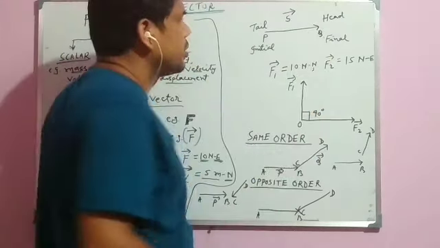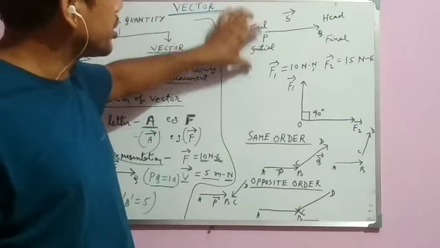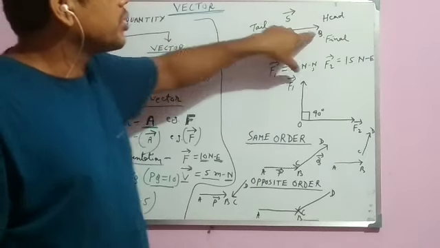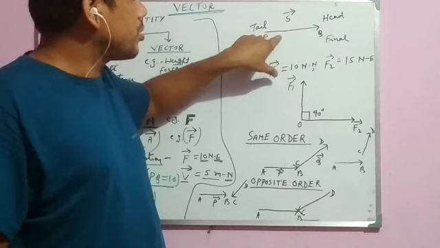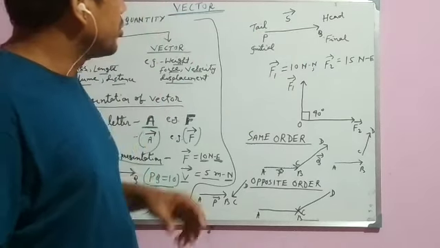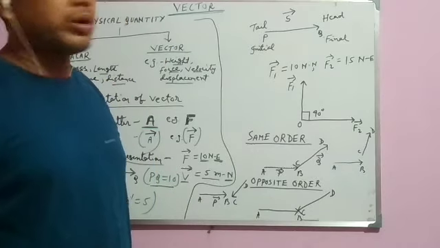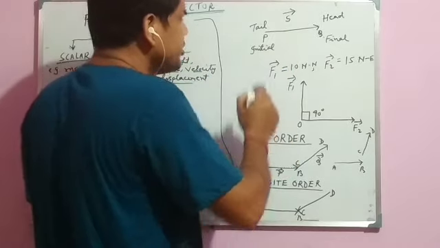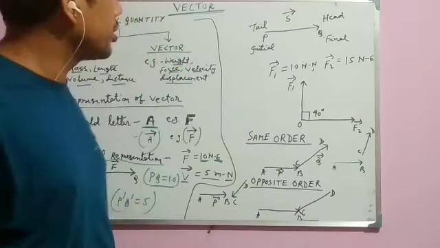These are the different names by which we can call it. So P is called the tail point and Q is called the head point. Most of the time we will use these two terms. So every vector possesses one tail point and one head point. P is called the initial point or tail point and Q is called the head point or final point.